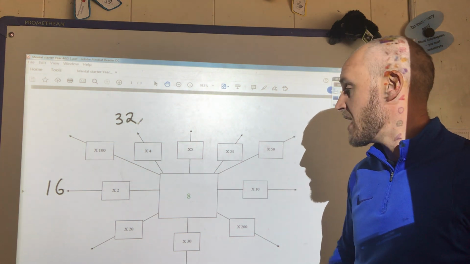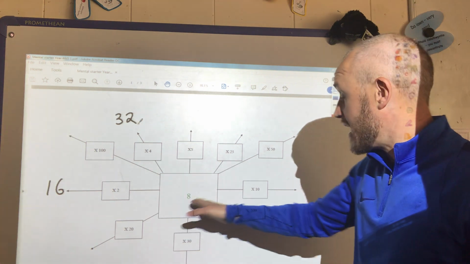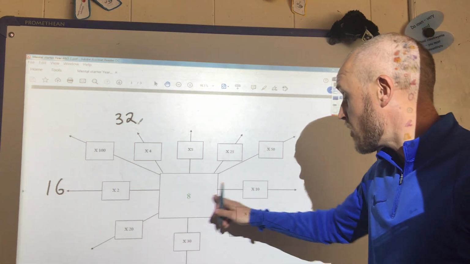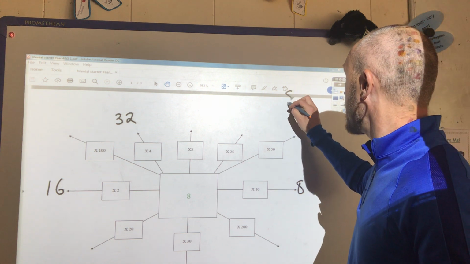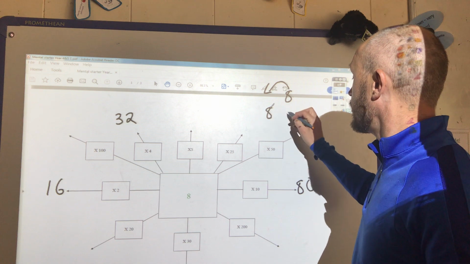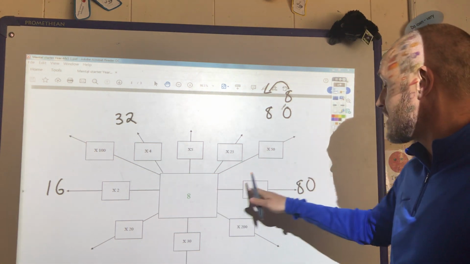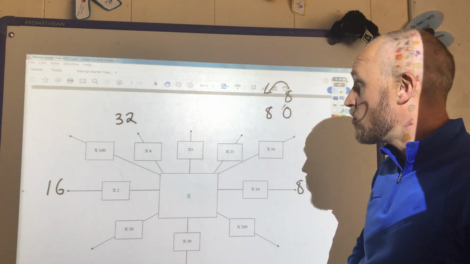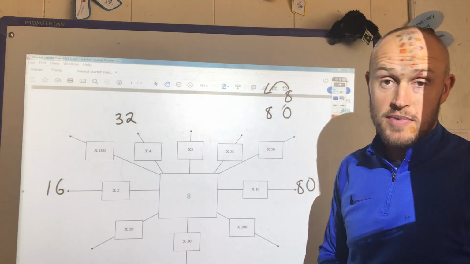The next one I could go to anywhere now, but I'm going to start with 8 times 10 next. 8 times 10 is 80, which most of you know anyway, because when we multiply by 10, we move the number one column to the left, don't we? So it becomes 80. Because I know 8 times 10 is 80, I also know what 8 times 100 is, because 100 is 10 times bigger than 10.